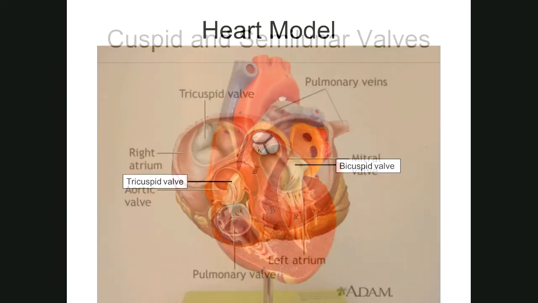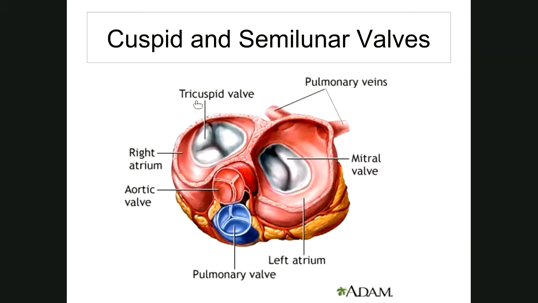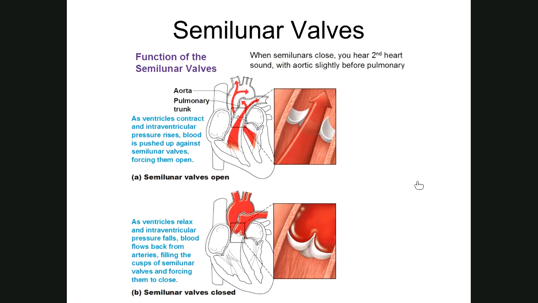Let's look at the semilunars here. I do show you the bicuspid and tricuspid, but we're looking at the semilunars next. The aortic and the pulmonary semilunar valves. Now, semilunar valves. When the semilunars close, you hear the second heart sound. So your heart sounds are these valves closing.